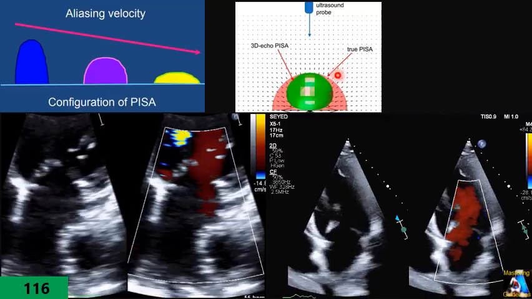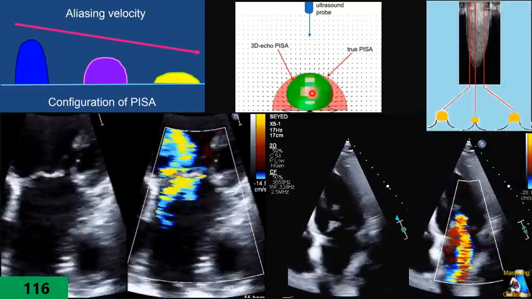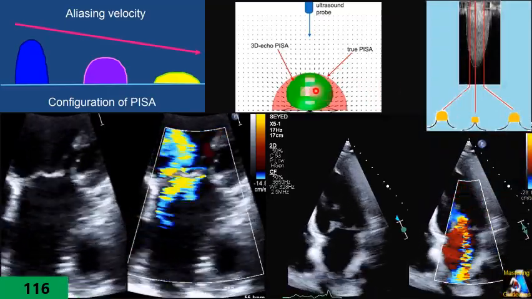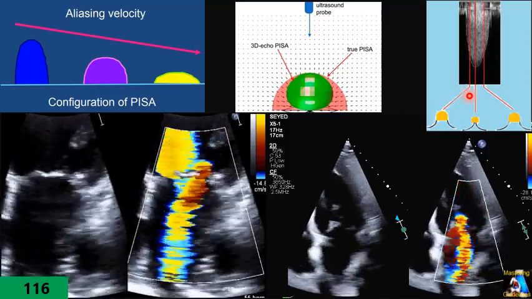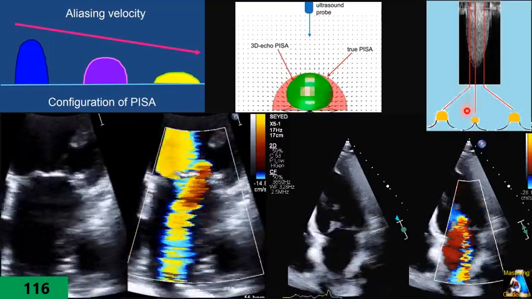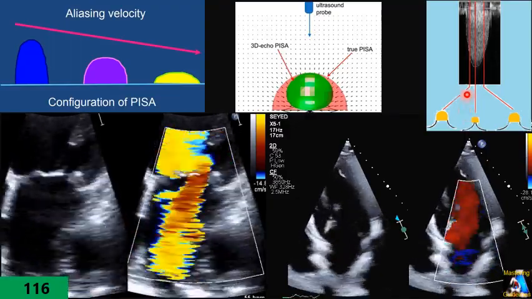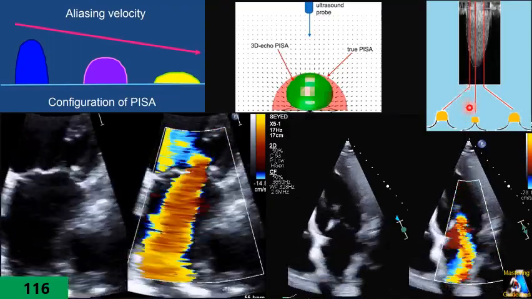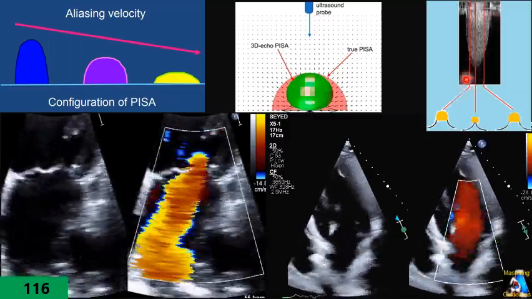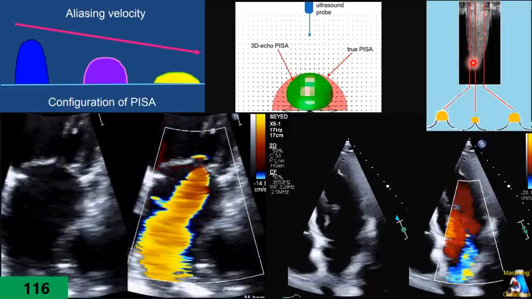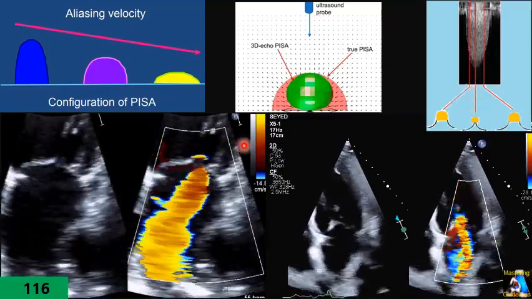Another important issue is the dynamics of the regurgitation. The amount of regurgitation is dependent on the contraction of the left ventricle and the closing force of the left ventricle on the orifice.